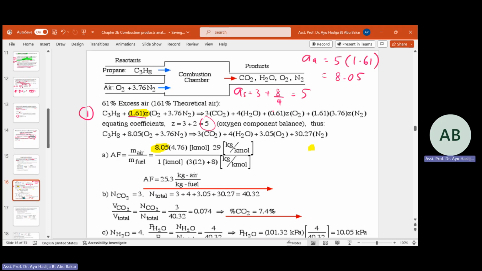Okay, this one, they simply ambil 61% as the excess, whereby sepatutnya you should calculate, make it unknown and calculate the balance kan, using balance. Okay, from there you get the finalized combustion equation.